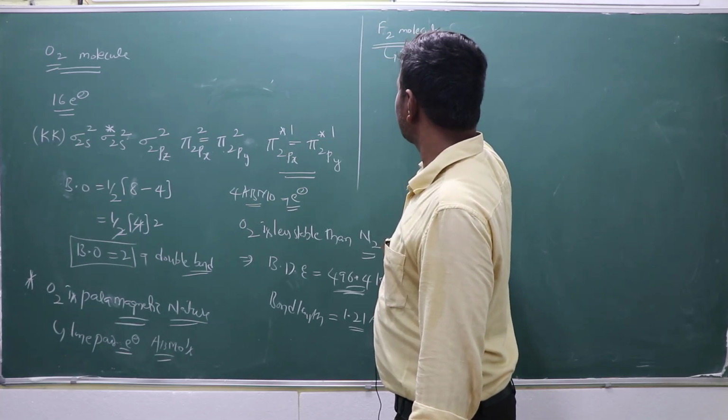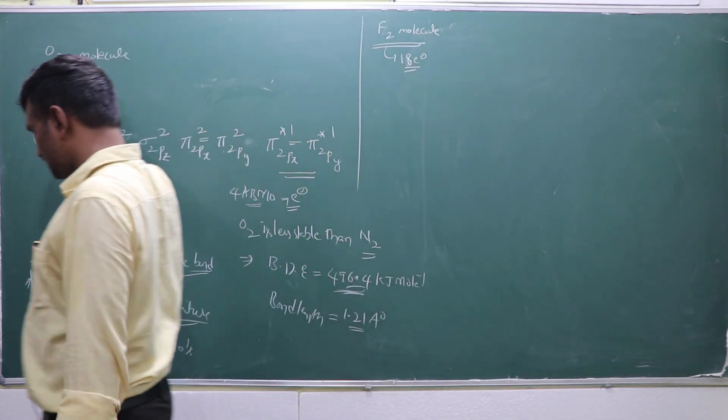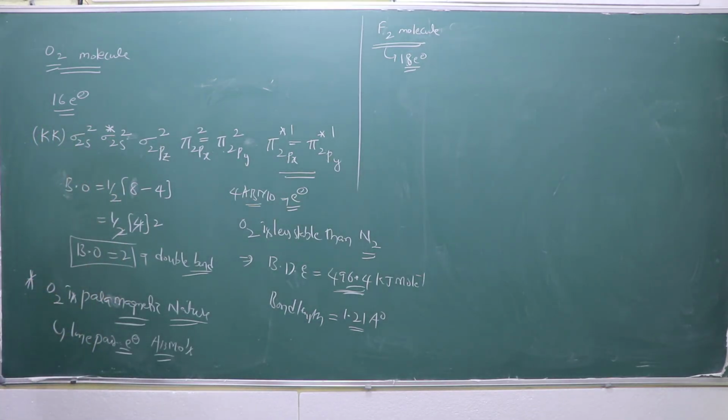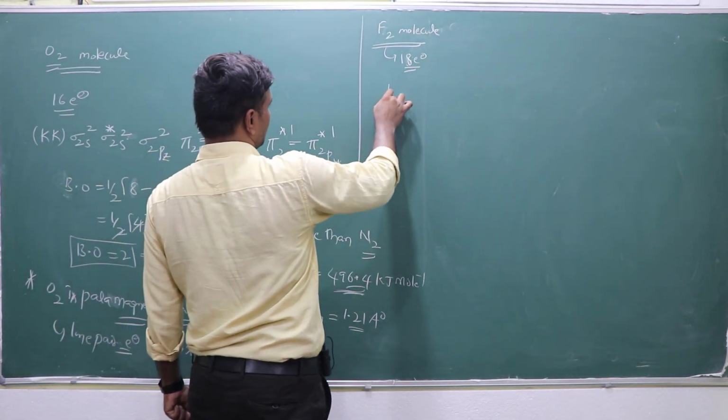Total 18 electrons. So in addition to oxygen's 16 electrons, 2 electrons will be added. 18 electrons. So what is the electronic configuration?